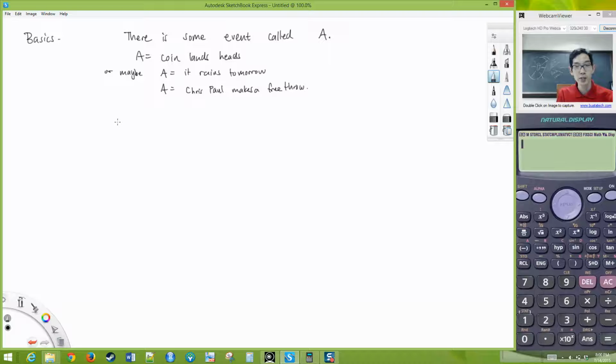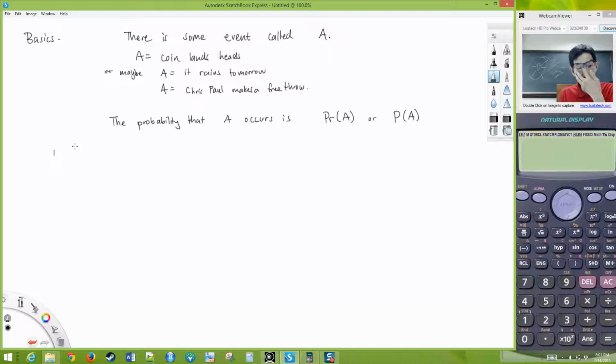And then we say the probability that A occurs is probability of A, or probability A. You can write it either way.